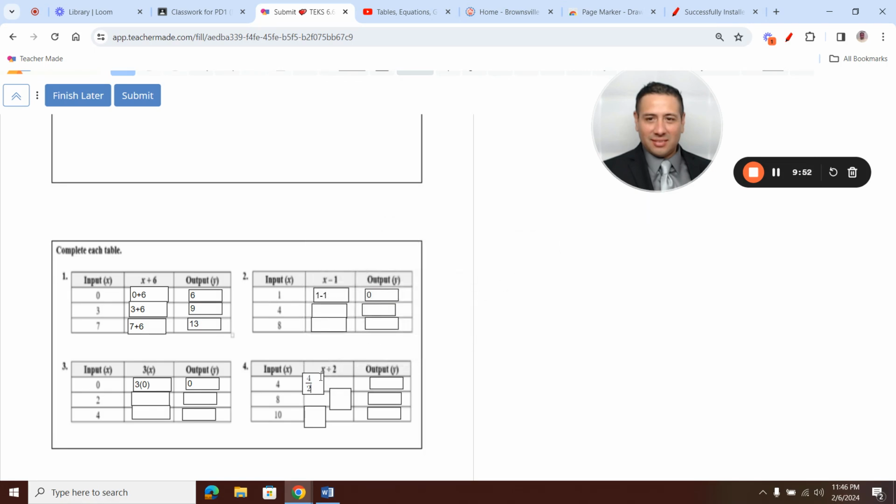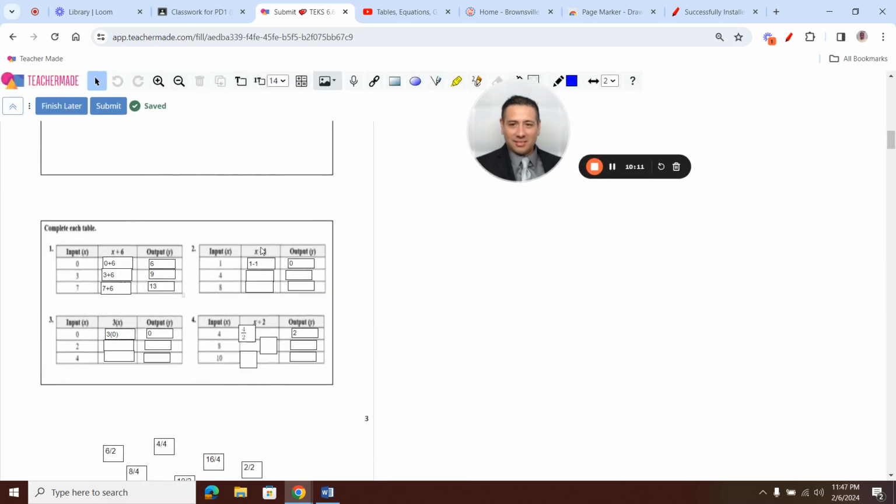Now 4 divided by 2 would be 2. So the way I did each of them, this one I did already. Just finish these two, finish these two, finish these two, and you're done with that part. Okay?